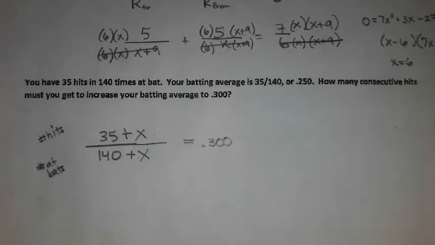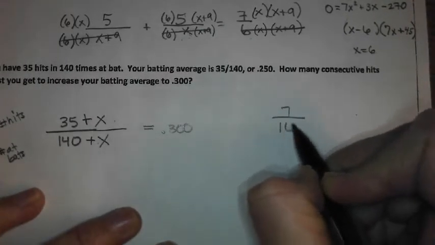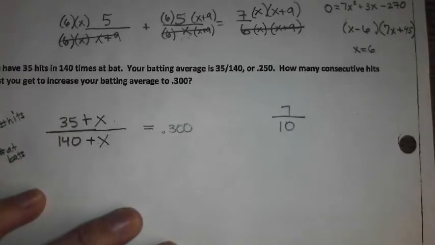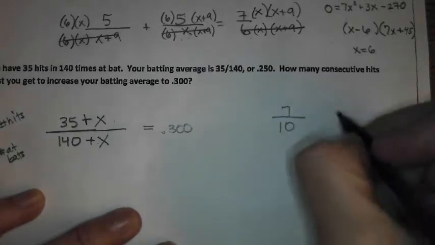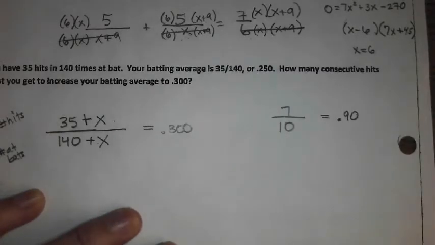You could do the same thing with free throws in basketball, right? If you currently are shooting 70% from the free throw line, that's like 7 out of 10. How many consecutive free throws would you have to make in order to up your average to, let's say, 90%?